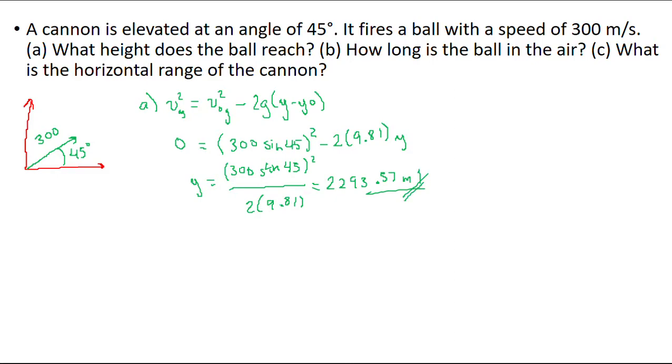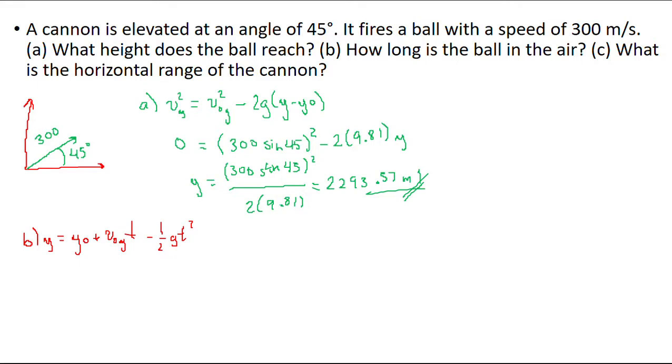For the second one, let me change color to a nice red. For the second one, I'm gonna use a typical formula for how long it is in the air. So I just get the typical formula, that's y equals y0 plus the initial velocity in y times time minus a half of the gravity times t squared. Remember, this part is negative because gravity goes down.